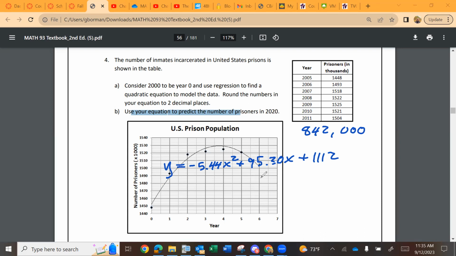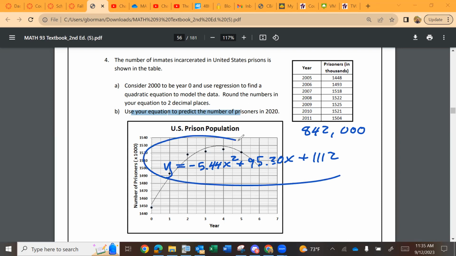Okay. So that's why when people sometimes say, hey, we've got this cool model that represents the situation, so in the year 2075, this is what's going to happen. It's like, oh, your model might not work anymore at that point. I mean, it might. It depends on the situation, but often your equation's only going to work pretty close to the data that was collected.